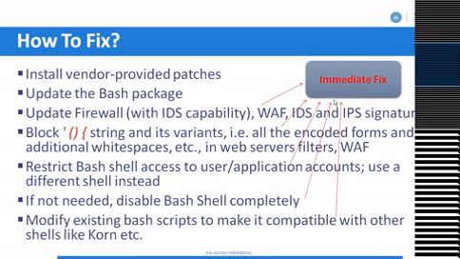You may also want to restrict access to the bash shell by the end users and the applications, and if not needed, you may disable the bash shell completely. And finally, if you are disabling the bash shell, and if there is any dependent program that uses bash shell, you may have to modify that program to make it compatible with another command interpreter, like Korn.